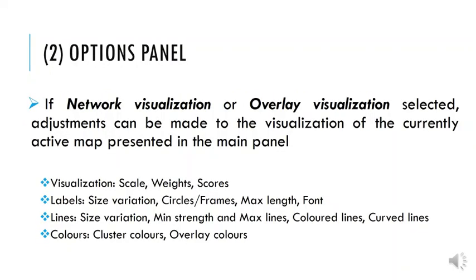The second panel is the options panel. If network visualization or overlay visualization is selected, adjustments can be made to the visualization of the currently active map presented in the main panel. These adjustments include visualization, labels, lines, or colors.